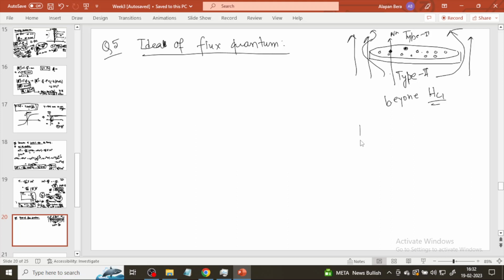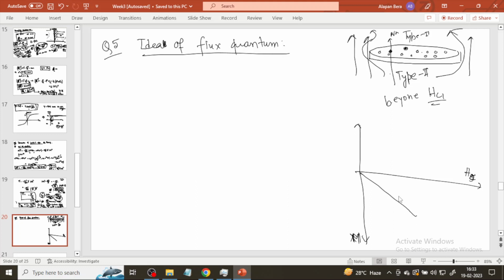If you have done the basics of superconductors, you know that in the case of a type 2 superconductor, let's say this is H, and this is M, the magnetization.